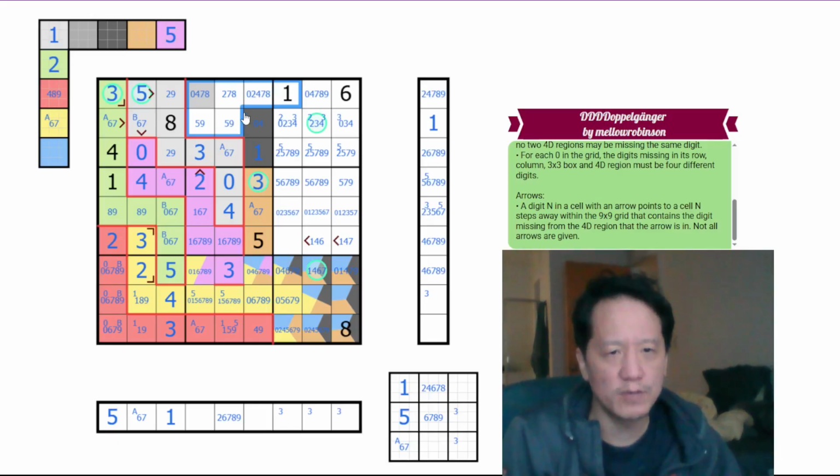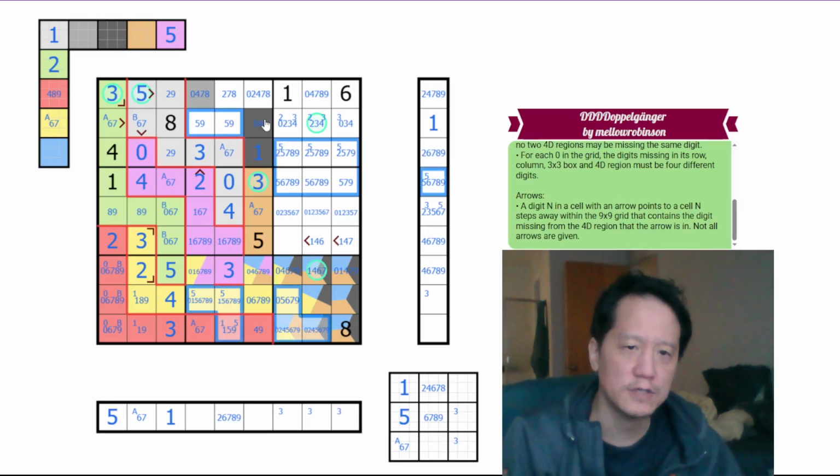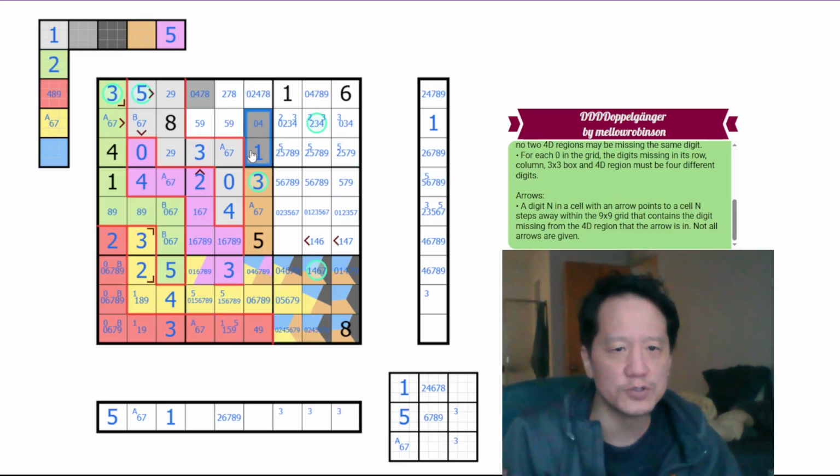This cannot cut this off, so this would just be 2 cells. These would all be the same region, and we'd have 5 of them in the box in part of the same region, and we're guaranteed a 5 here, but there's no circle here. So this cannot be part of a different region. It has to be part of the dark region.